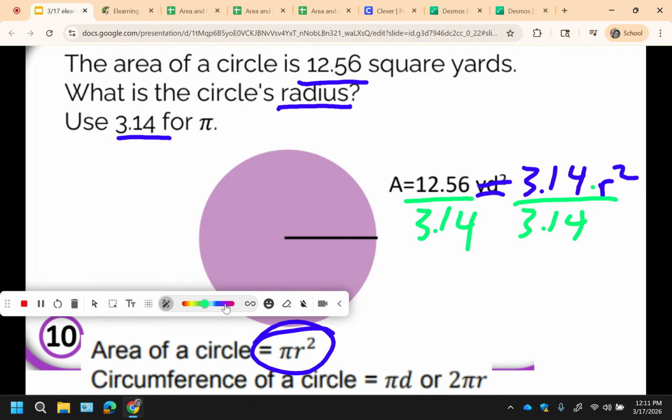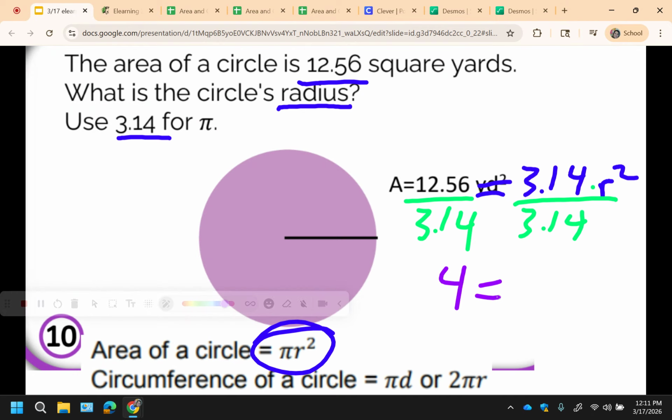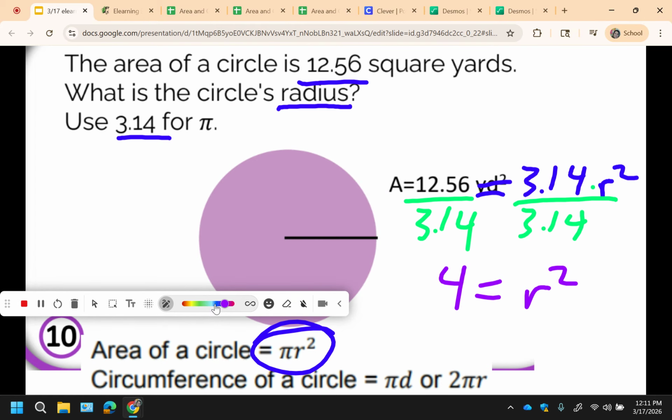So remember the opposite of multiplication is division. Well, if you take 12 and 5600ths and divide it by 3 and 1400ths, you get 4. Now that is not R, that is R squared. So it's not our radius yet. Okay. So now to get rid of our squaring, the opposite of squaring is a square root.